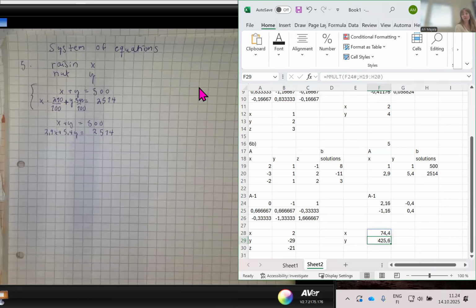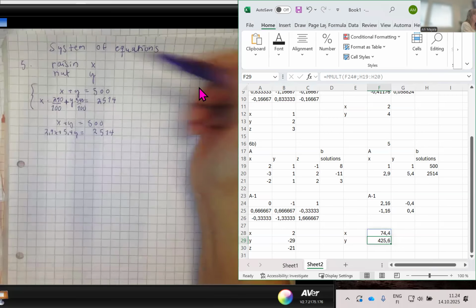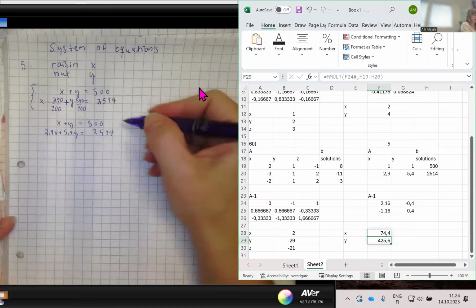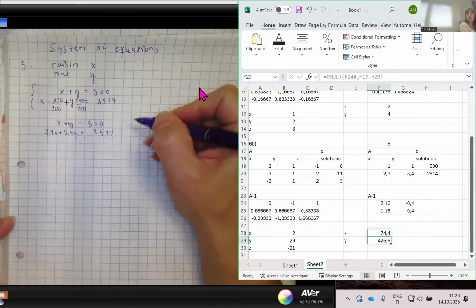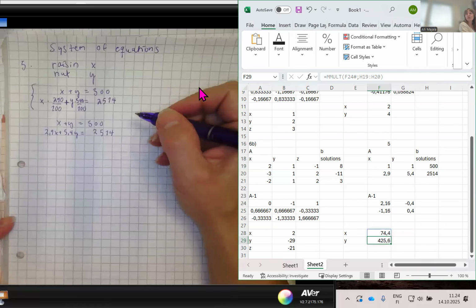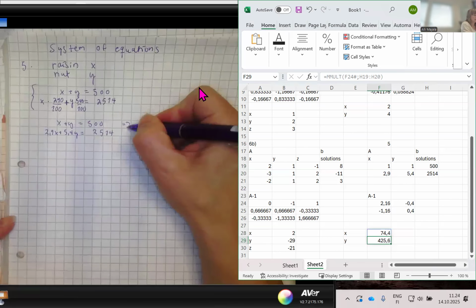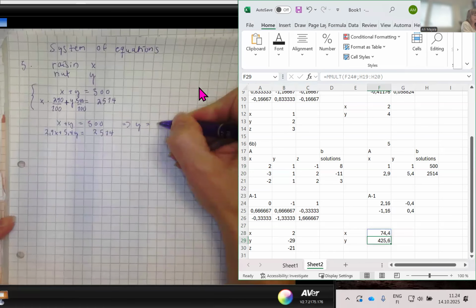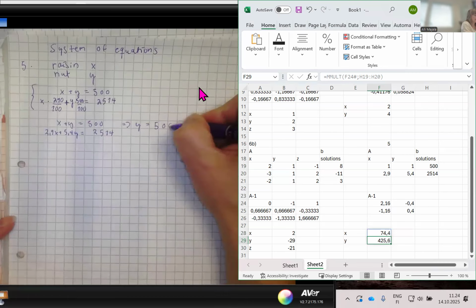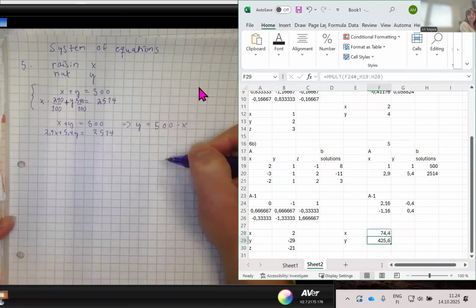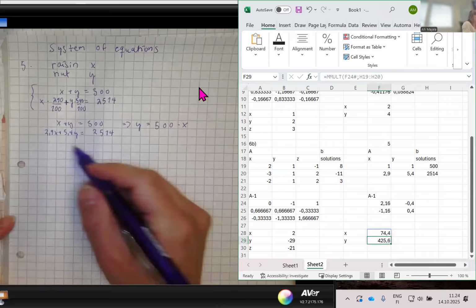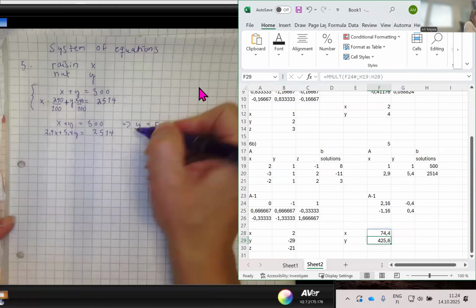So here we could have, of course, solved something and put it somewhere, which is super easy. For example, what did I want to solve? I wanted to solve the raisins, that was X. So if I solve here the Y, $500 minus X. And then I put it there to the other equation.